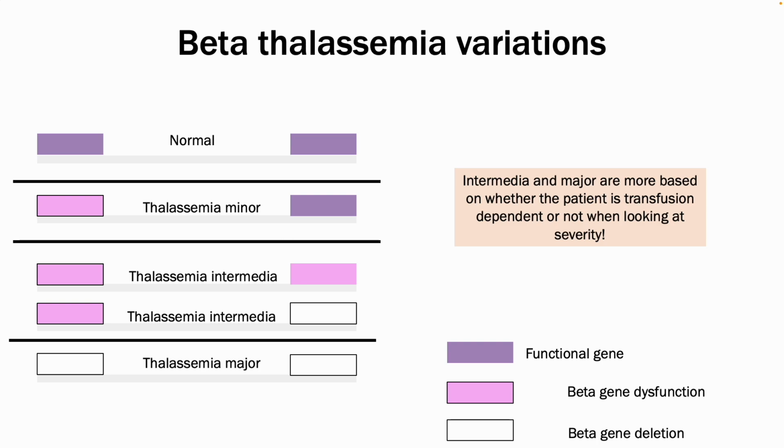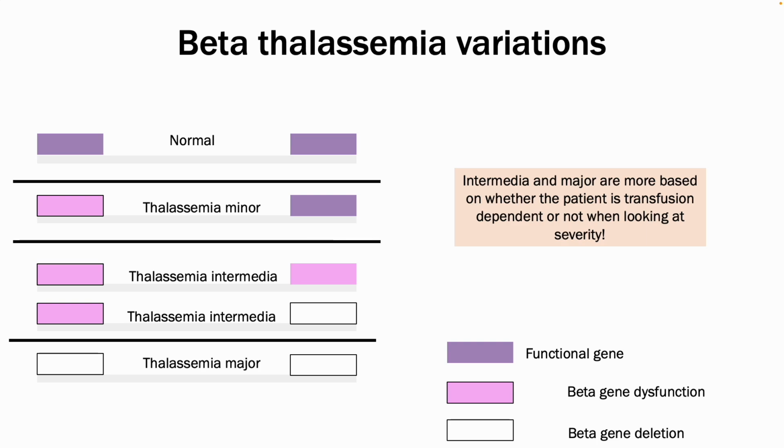Patients with thalassemia minor would have 1 functional gene and 1 dysfunctional gene. In terms of thalassemia intermedia, you have 2 options. It can be a patient who has 2 dysfunctional genes or a dysfunctional gene and a gene deletion. And then lastly, for thalassemia major, you would have a patient with 2 gene deletions.